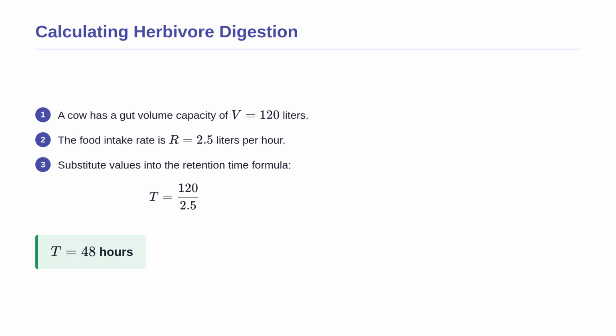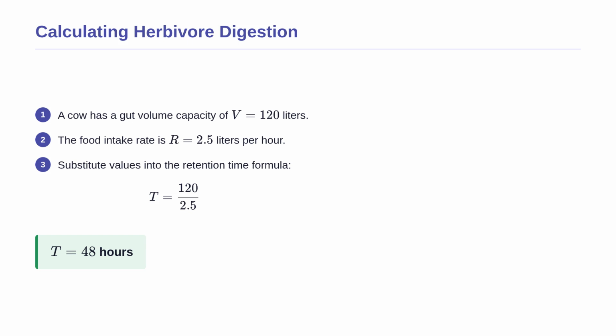Before we move on, let us see this formula in action with a concrete example. Consider a large herbivore, like a cow, which relies on fermenting tough plant matter. We are given a massive gut volume of 120 liters and a steady food intake rate of 2.5 liters per hour. We need to find the mean retention time to understand its digestive efficiency.